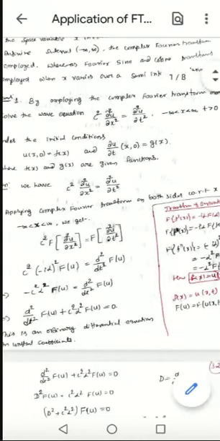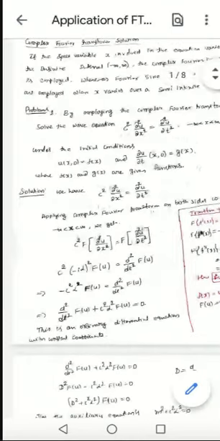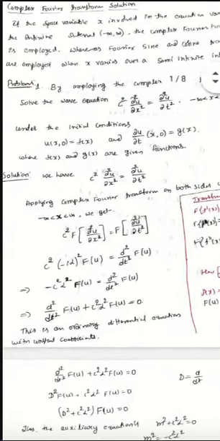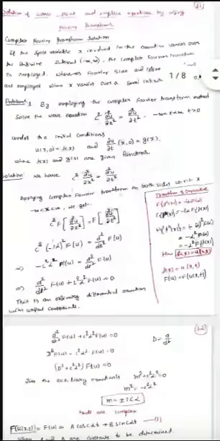Under the initial conditions, u of x comma 0 equals f of x and ∂u/∂t of x comma 0 is g of x, where f of x and g of x are given functions. Okay, so let's start.